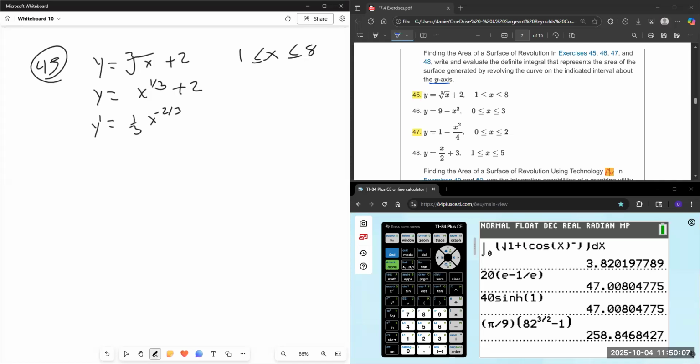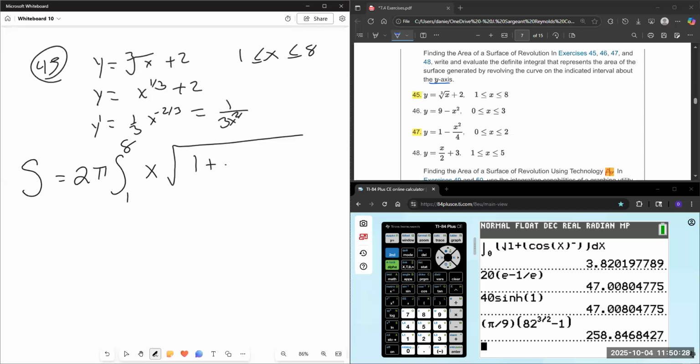So capital S is going to be 2 pi integral 1 to 8 of x square root 1 plus y prime squared is 1 over 3x to the 2/3. This is 1 over 9x to the 4/3.